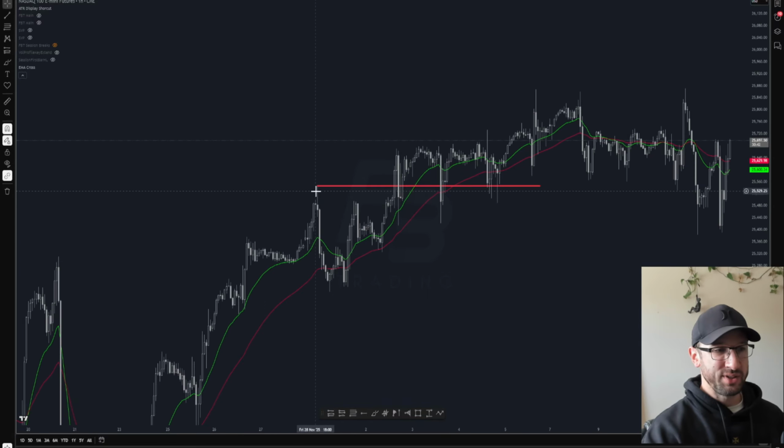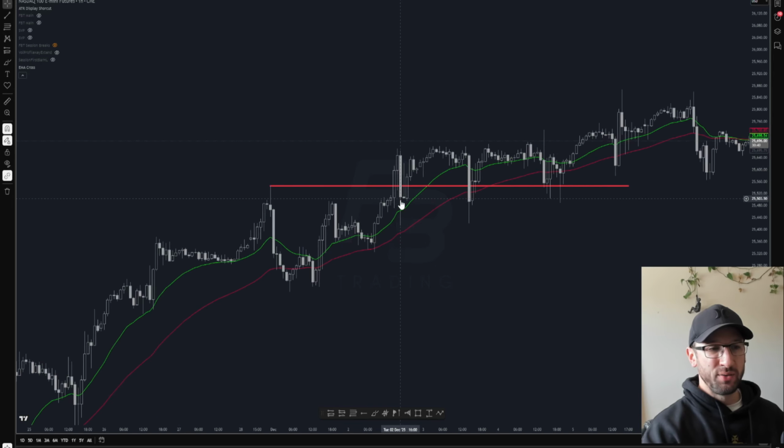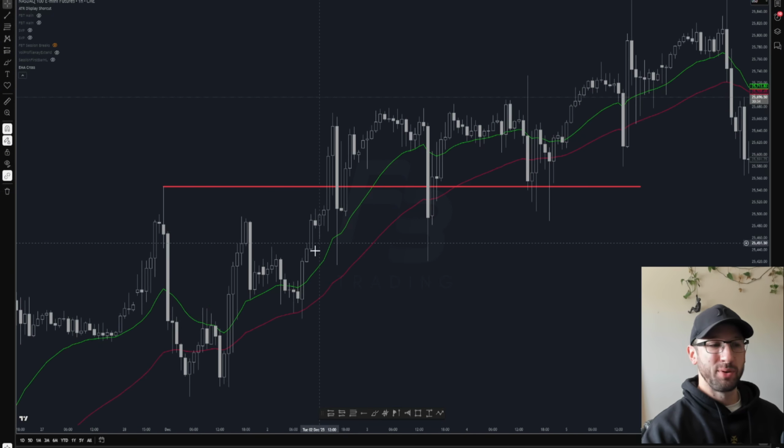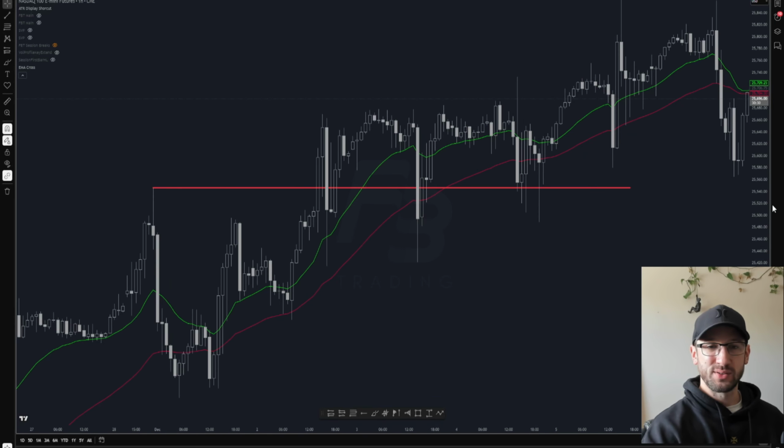So what you want to do is say, hey, if we bounce off this support level, right, and then start pushing up, we're in the direction of the EMAs, right? I can then look for longs.